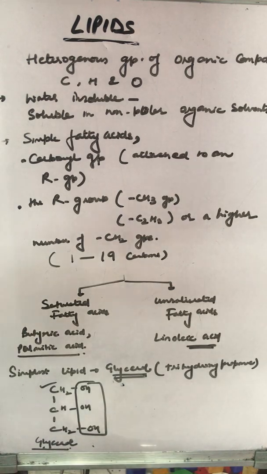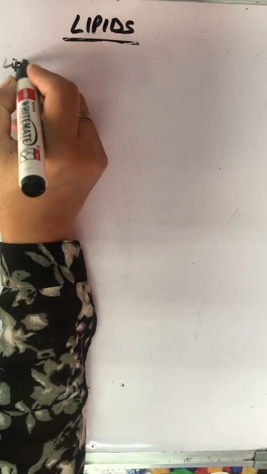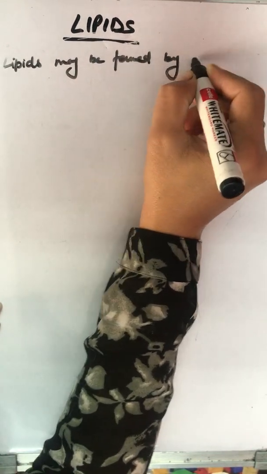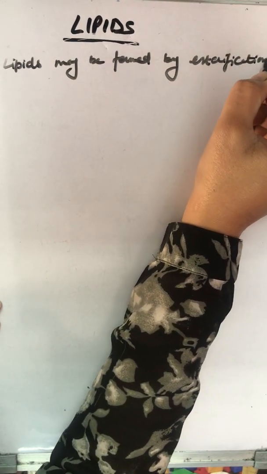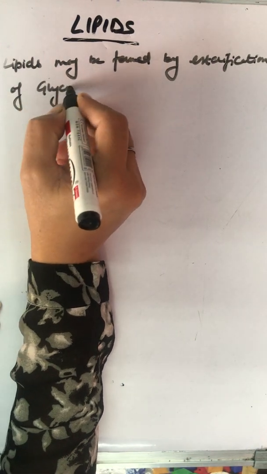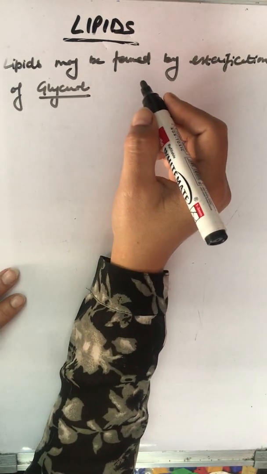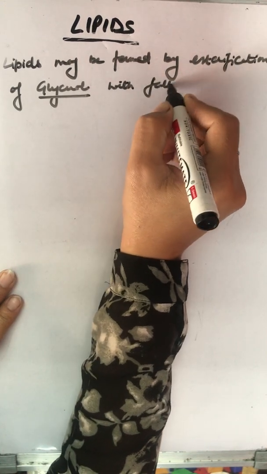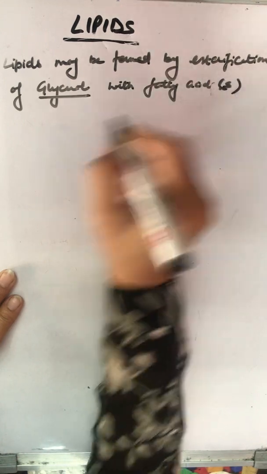Now moving to the second property of lipids, that lipids may be formed by esterification of glycerol. Glycerol is the simplest one, right? Trihydroxypropane. So its esterification is done with fatty acids.